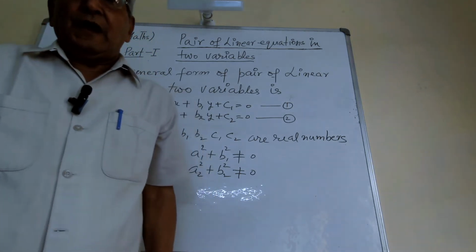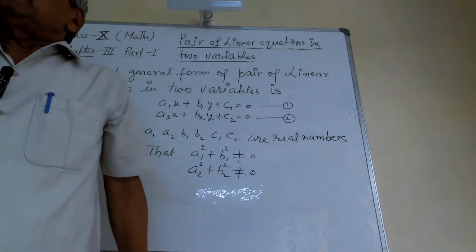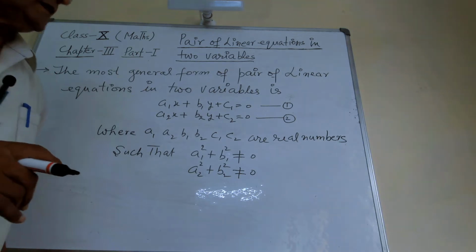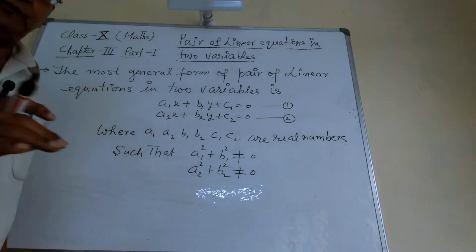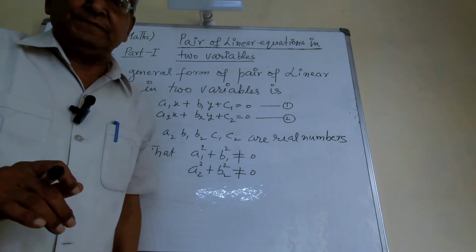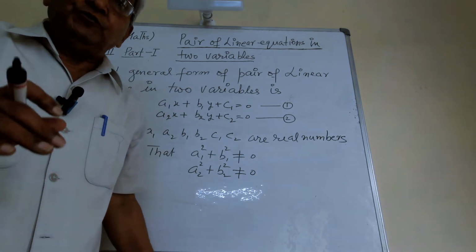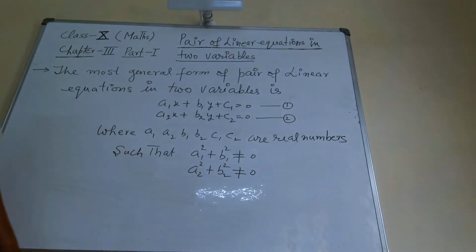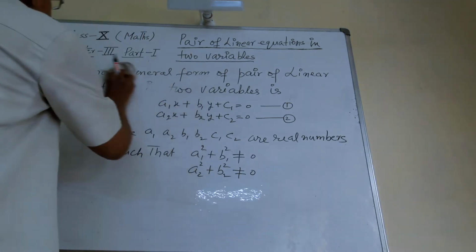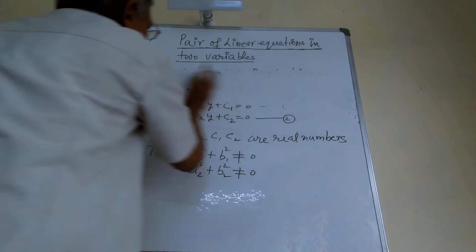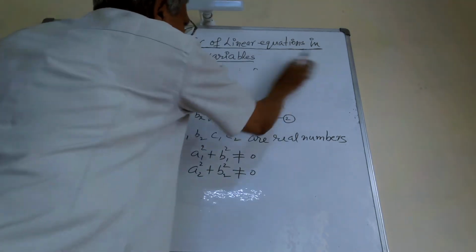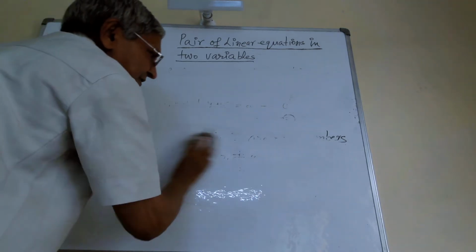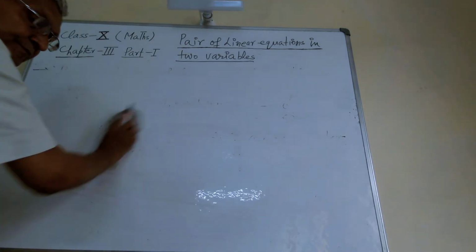Now I want to define equation. You have read polynomials, and now today I am taking equation. What is the difference between polynomial and equation? In equation, there is a sign of equality. In polynomial, there is no sign of equality.